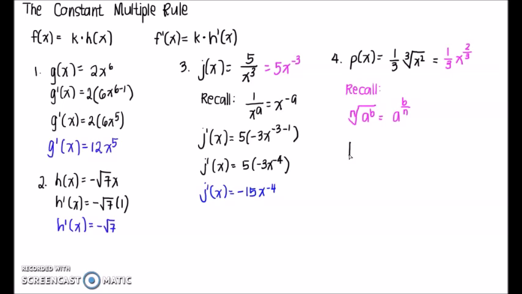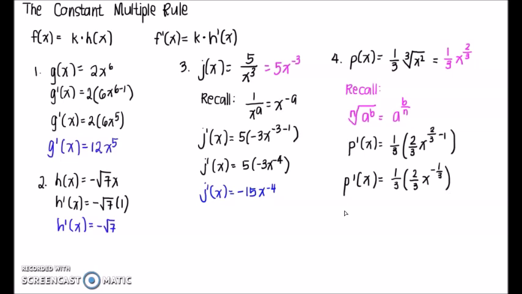So that is, the derivative of p of x is equal to 1/3 times the derivative of x raised to 2/3. So drop the exponent, copy the base, subtract 1 from the exponent. So we will have the derivative of p of x is equal to 1/3 times 2/3 x raised to, subtracting 2/3 and 1 will give us negative 1/3.